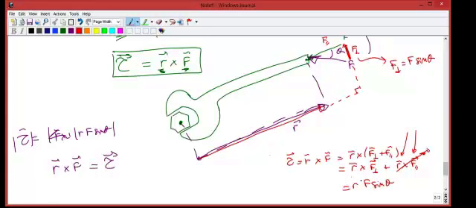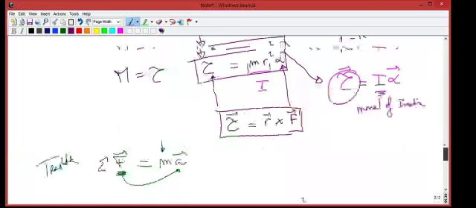Okay? So obviously, you agree that the more we increase theta, the bigger the torque. Because the sine is going to go from 0 all the way up to its maximum value, which is 1, occurring when F is perpendicular to R. That's when we're going to get the maximum cross product.